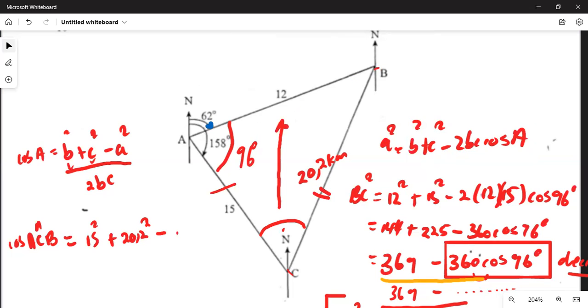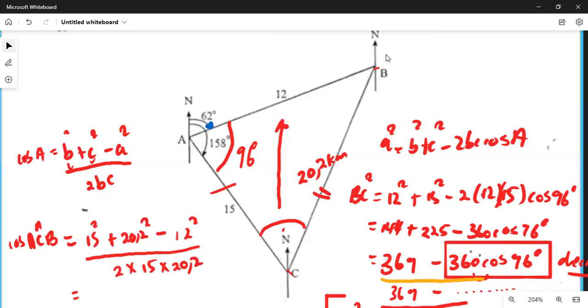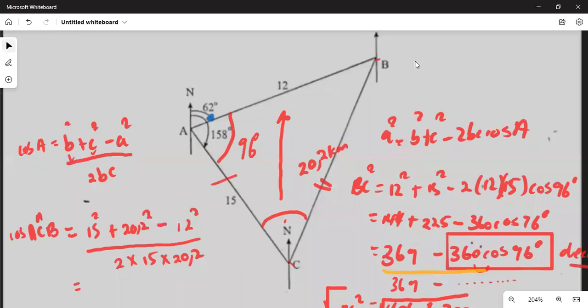So that's going to be 12 squared here over 2 times B times C, which are these sides 15 and 20,2. So that's it.